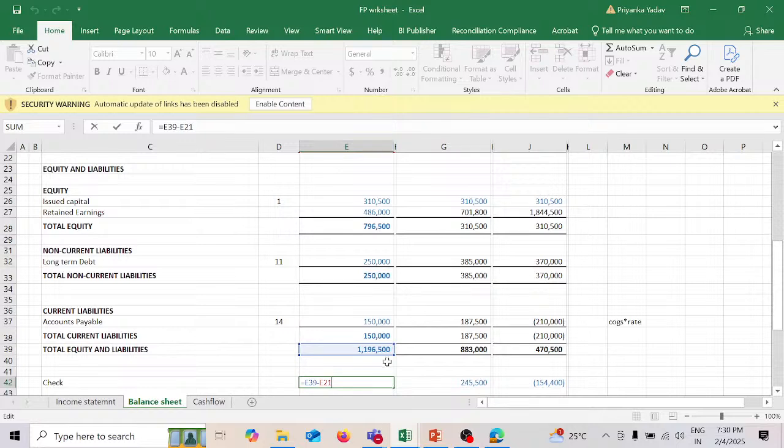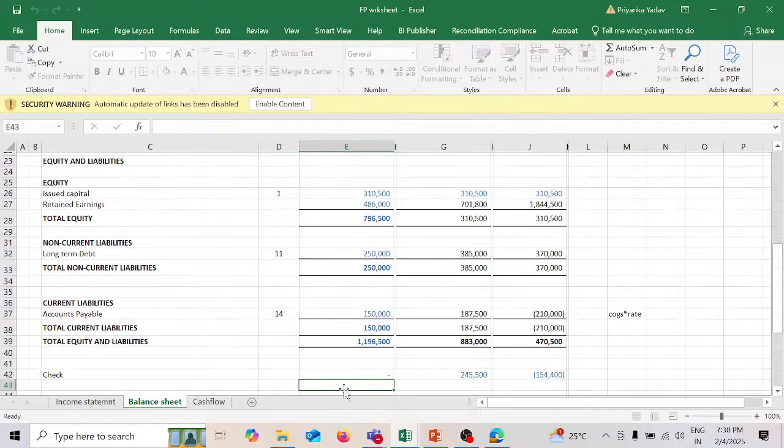Similarly, if I total up the equity and liabilities, it is matching the assets. So both sides, the asset side and your liability and equity side, should match. If I deduct liabilities and equity from assets, this should always be 0.